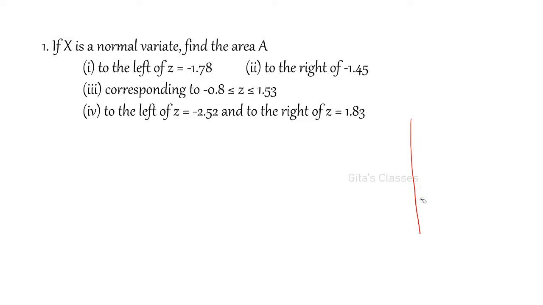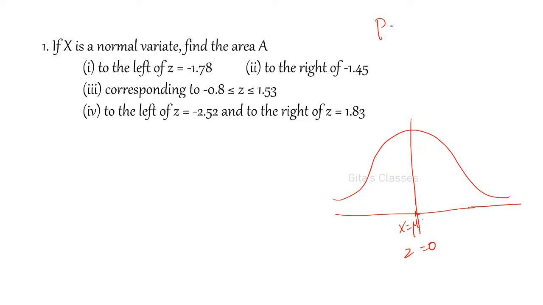If this is the normal curve, the total area between this curve and the x-axis, this is actually x is equal to mu or z is equal to 0, this line, this point, okay? And the area between the curve and the x-axis is 1, total area, because it is total probability, therefore it is 1. Total probability is always 1.